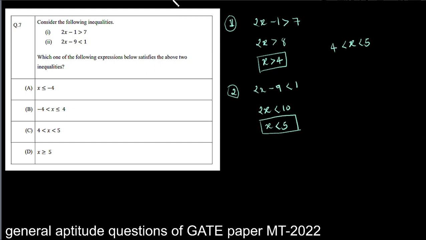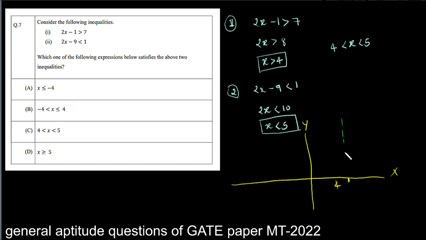Now let's draw this inequality in the xy plane so you can easily visualize it. Here is our x-axis and here is our y-axis. The first inequality says x must be greater than 4. So with 4 somewhere here, we draw a vertical line to represent x equal to 4.